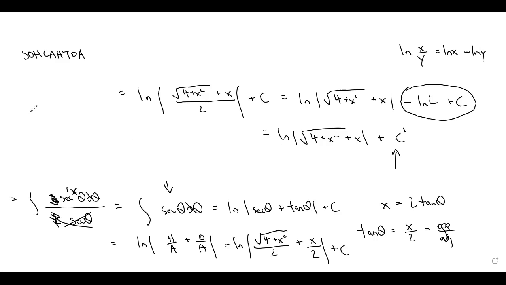Okay, so let's look at the original integral, it is the integral of dx over square root of x squared plus 4. So what we did was we used the substitution x equals 2 tan theta. And then we derived everything that we needed from there.